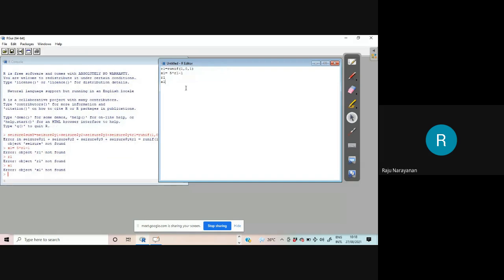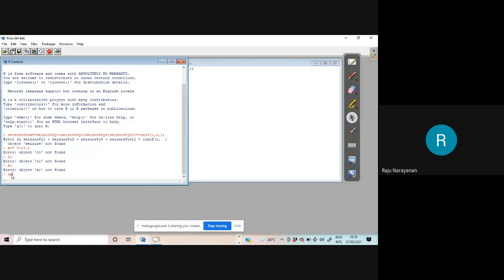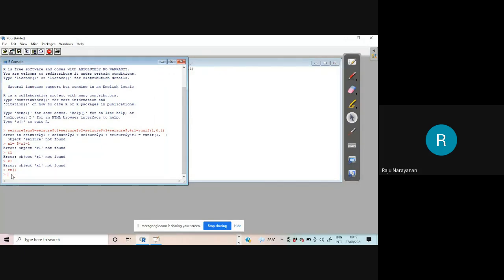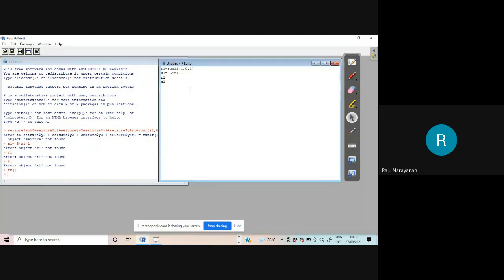But is R1 not found? What happens? X1 is runif(1), that is correct. X1 is 5 into R1 minus 1. Okay, let me check. What is wrong? rm is to remove all the backlog.